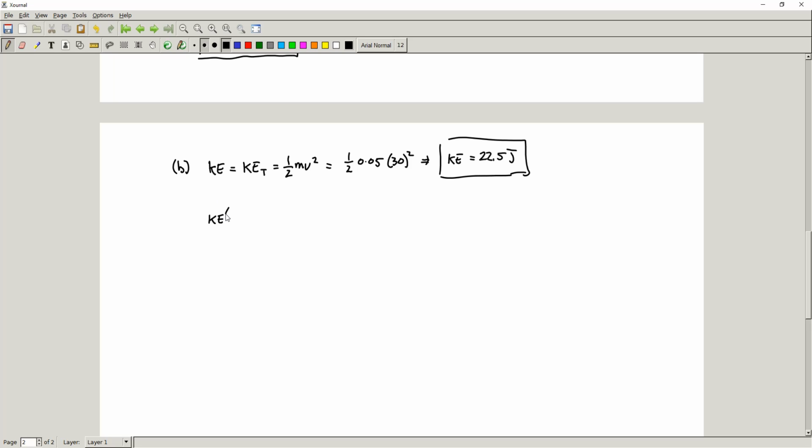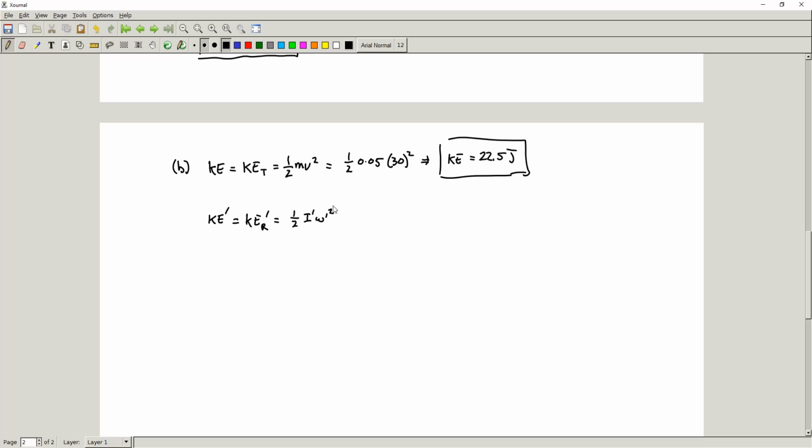So kinetic energy final, after the collision, these things are both rotating around the pivot, right? And so we're expecting only to see rotational kinetic energy. And we can write that as 1/2 I prime omega prime squared, right?